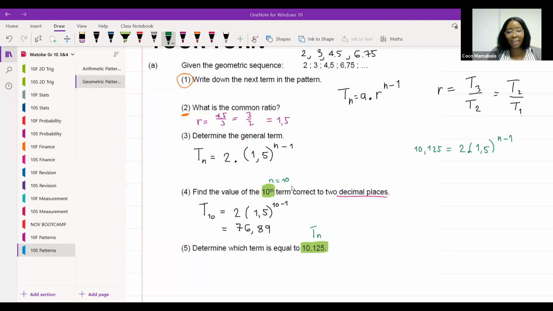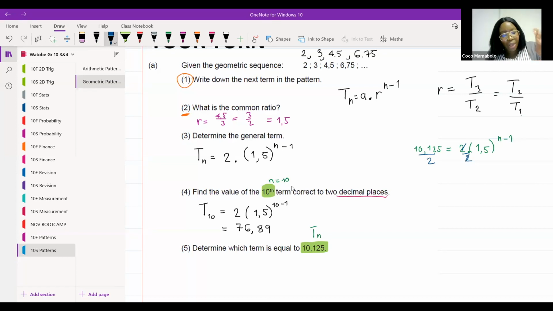We can't remove the base, we need the same base, but yes, correct, 100%. We're going to start by dividing both sides by 2. I want to get rid of that 2 first, so I'm going to divide both sides by 2.